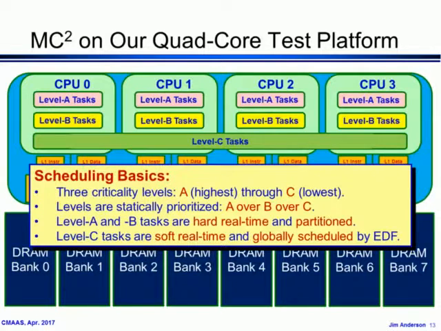Level B is scheduled via rate monotonic. They have hard real-time constraints. And what's somewhat unique about our framework in the world of mixed criticality scheduling is we have a soft real-time level, which is level C. And it's scheduled by means of the global EDF scheduler. And the reason for this is underlined by about a decade's worth of work on soft real-time scheduling with global EDF and related schedulers by our group.